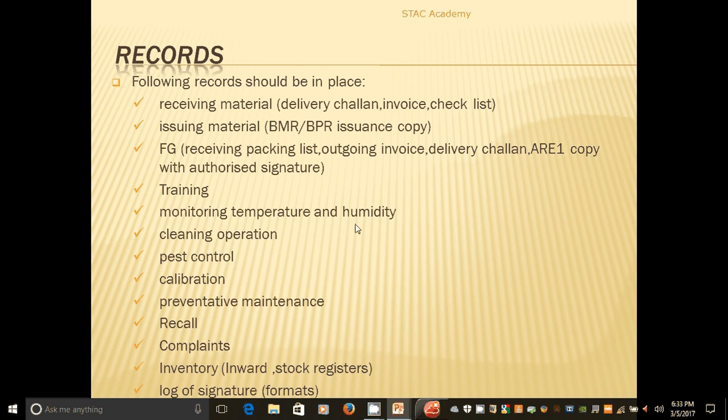Issuing material, that is batch records, BMR, BPR issuance copy, finished goods receiving packing list, outgoing invoice, delivery challan, ARE copy with authorized signature, training, monitoring temperature and humidity, cleaning operation, records related to pest control, records related to calibration, preventive maintenance, records related to recall, records related to complaints, inventory related records like inward and stock registers, and a log of signature.